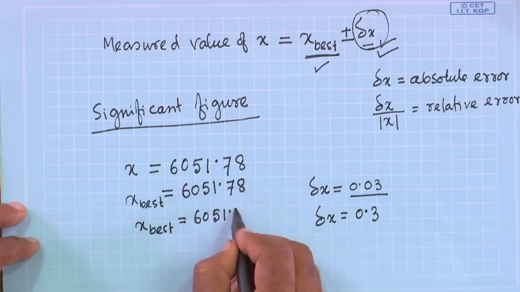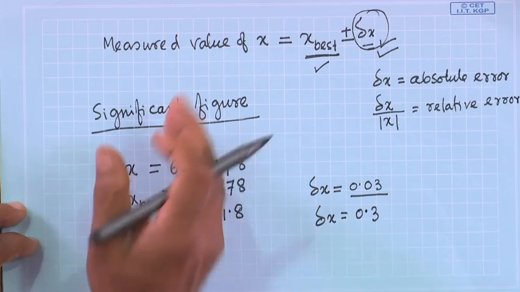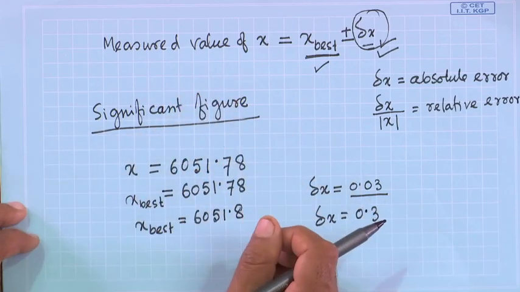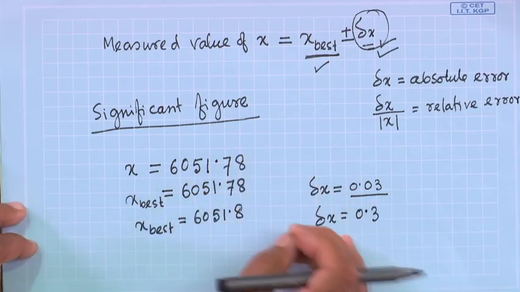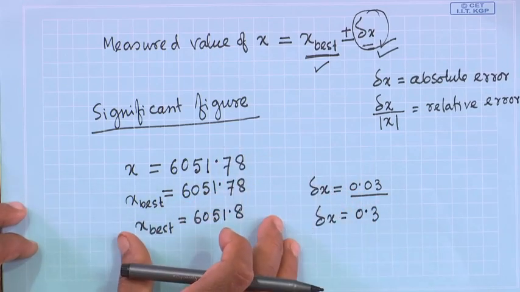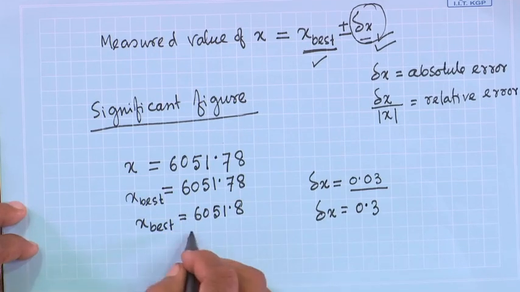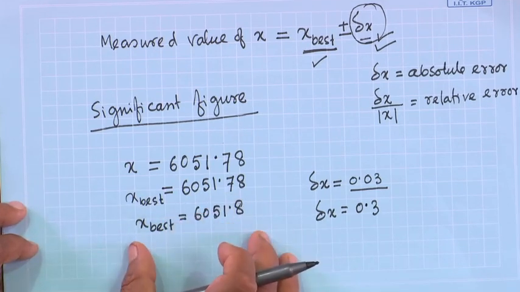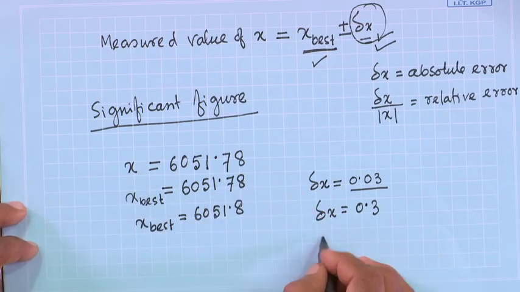Okay. So, you can write this 8. As you know the rules, and I told you also, what happens if it is greater than 5 or less than 5 or equal to 5? Again probably I will just repeat it. So, this will be your x best. This way it is controlled.